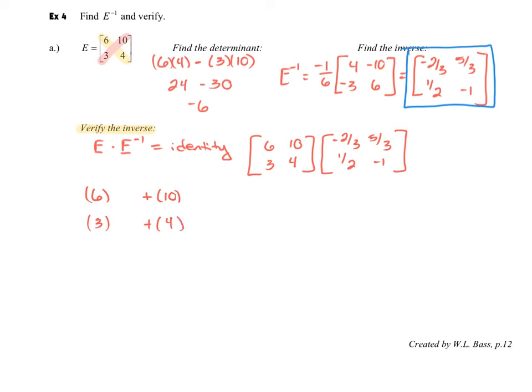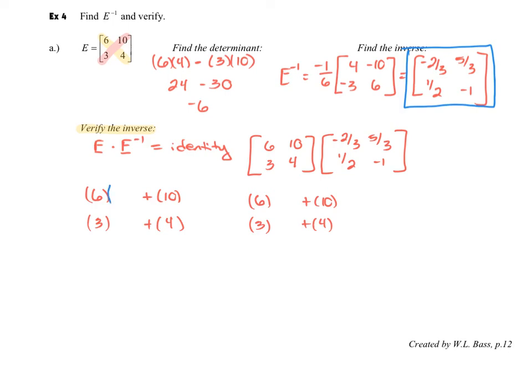Then I'm going to give myself a big gap over here so that I've got space between my values, and I'm going to rewrite again my 6 plus my 10, and I'm going to write my 3 plus my 4. This is going to help me keep track of this row and this column and this row and this column. So then I can go back and I can fill in those columns.